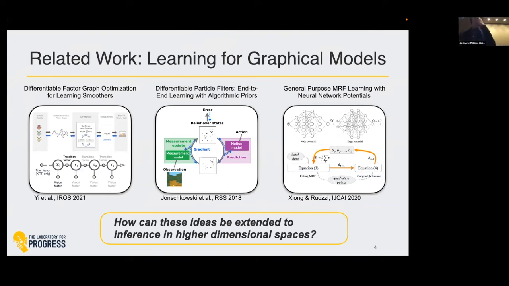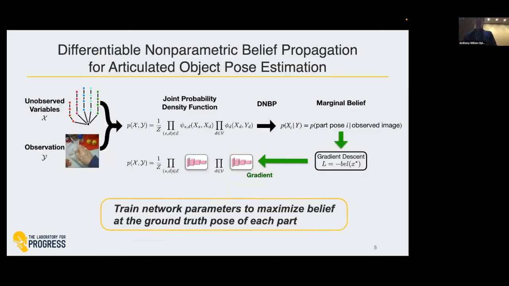In particular, I'd point out the differentiable particle filter was a key source of inspiration for our thinking in this work. The one thing we tried to extend was to understand if we could extend some of these ideas, where you'd replace certain functions within a particle filter, to higher dimensional spaces where we would still want to do inference. And so we targeted belief propagation as an interesting algorithm with a lot of benefits.